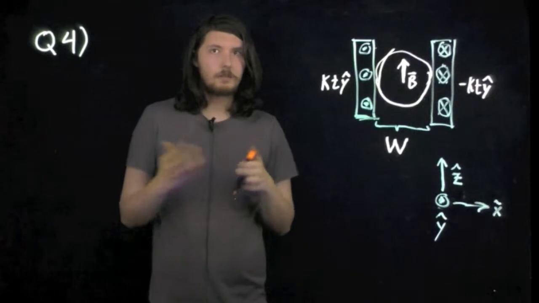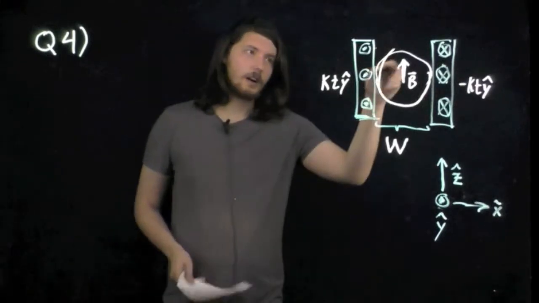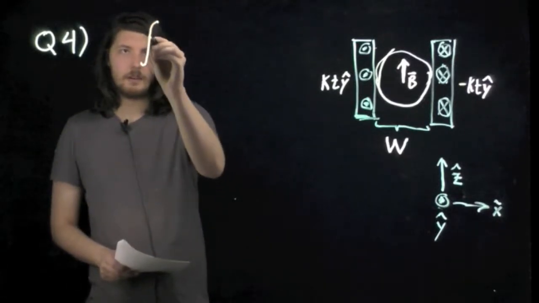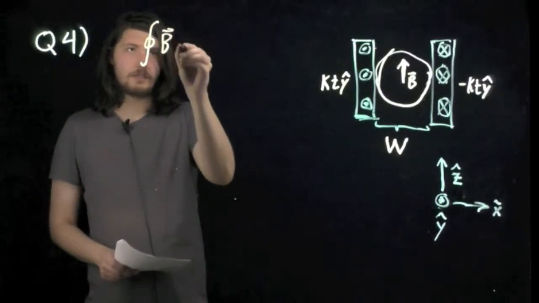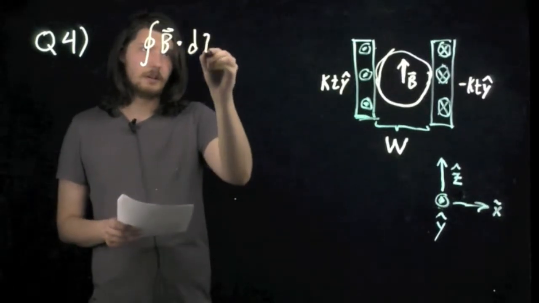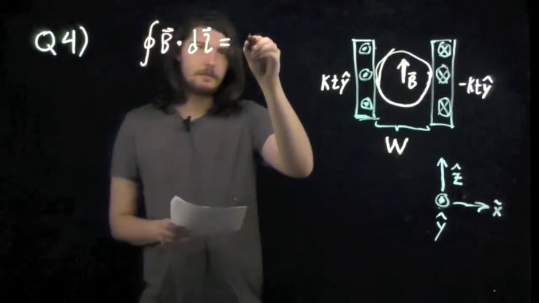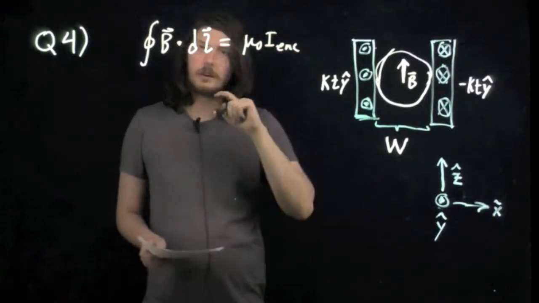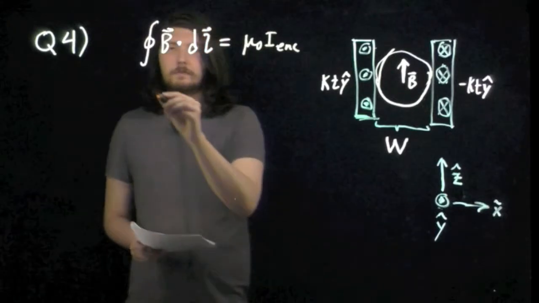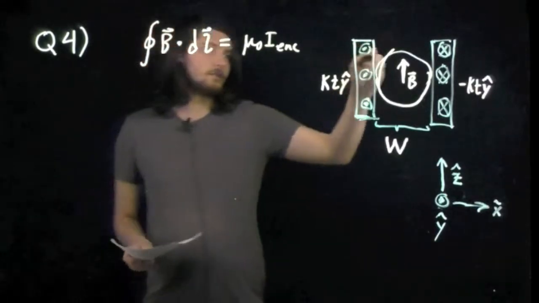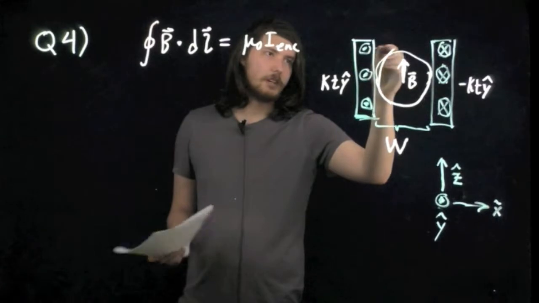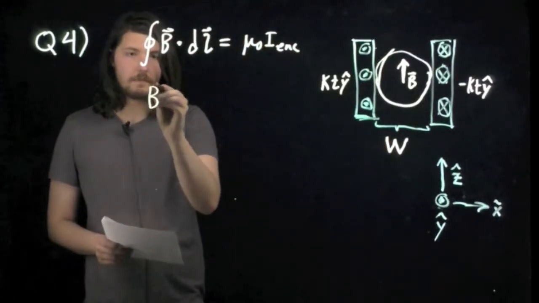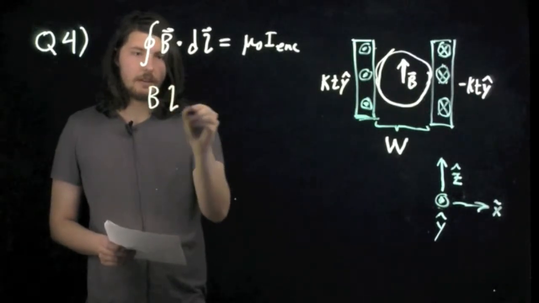Before we proceed, let's quickly derive what the B field is. In this case it's roughly the same as before: B dot dl is equal to mu naught I enclosed. If you draw an Amperian loop anywhere, you would see that the only component that survives is BL.